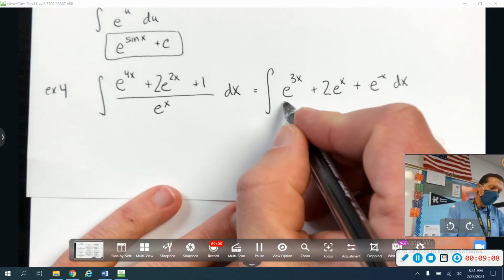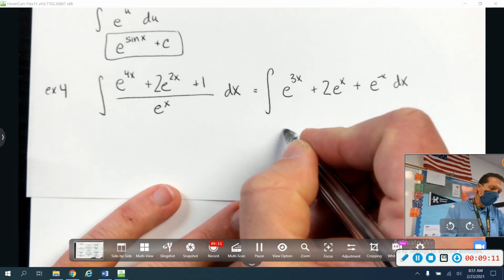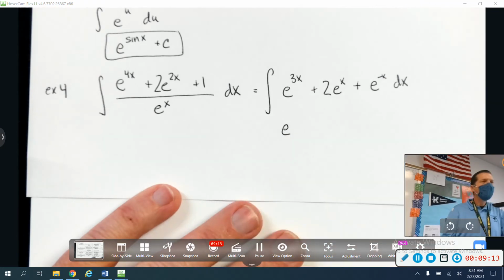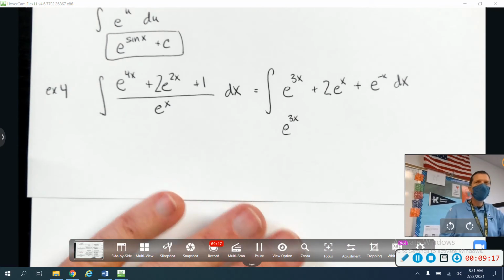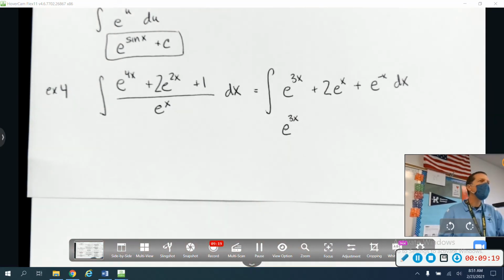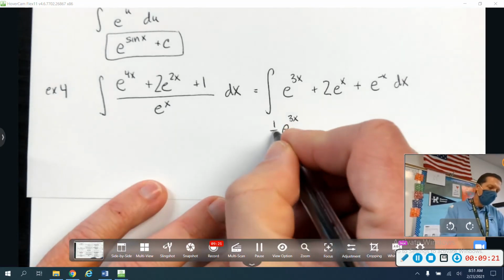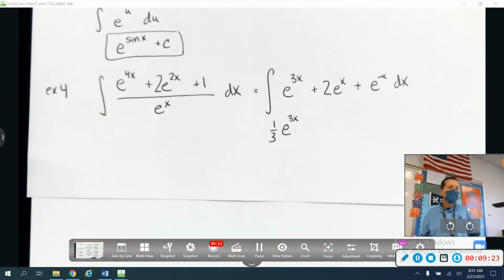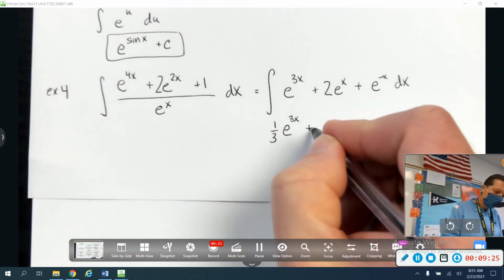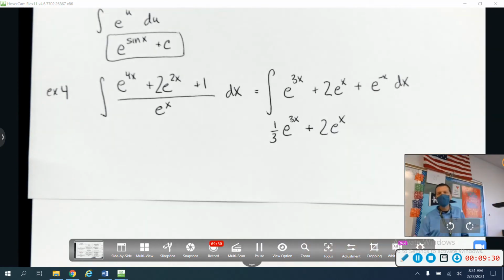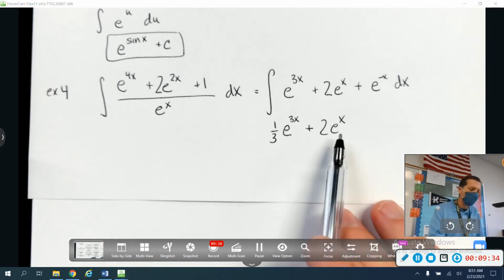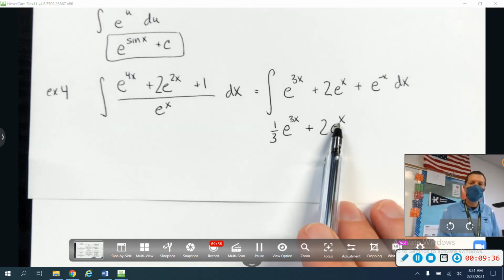What's the antiderivative of e to the 3x going to be? I mean, you know it's going to be e to the 3x, but what would I need to sort of fix it? A 1/3. Antiderivative of e to the x is just e to the x, so that one, there is no fixing. Or maybe a better way to say that is the chain rule of x would give you 1, so I don't have to worry about anything extra.